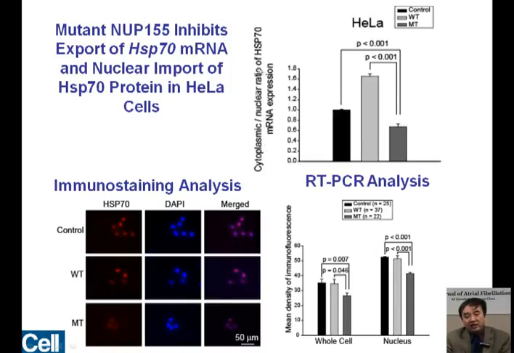This ratio is an indicator for nuclear export of messenger RNAs. As shown here, compared to the wild type loop155, the mutant loop155 had reduced nuclear export of the heat shock 70 mRNA. Then we used immunostaining to check the protein import. And as shown here, compared to the wild type, the mutant loop155 significantly reduced nuclear import of the protein.